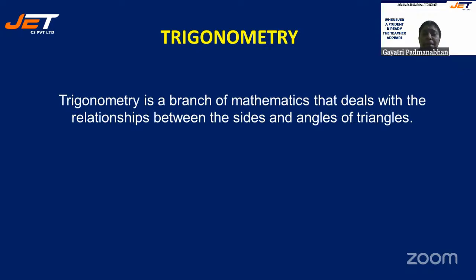Trigonometry is a branch of mathematics that deals with the relationships between the sides and angles of triangles. Usually it is used in constructions.